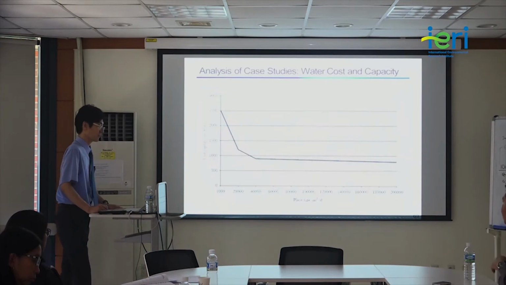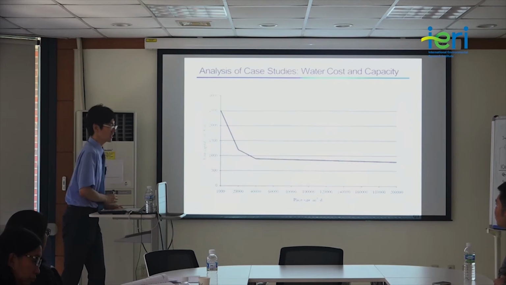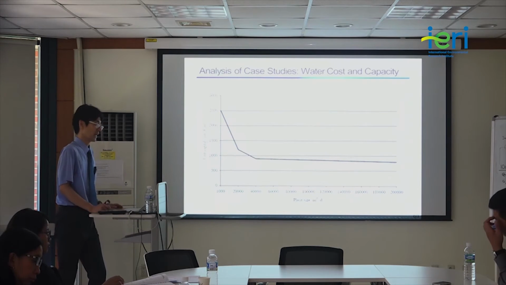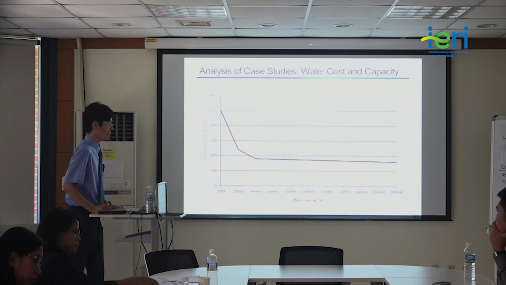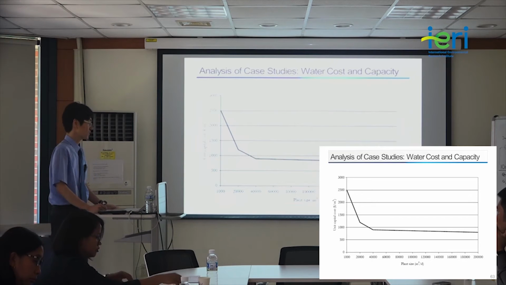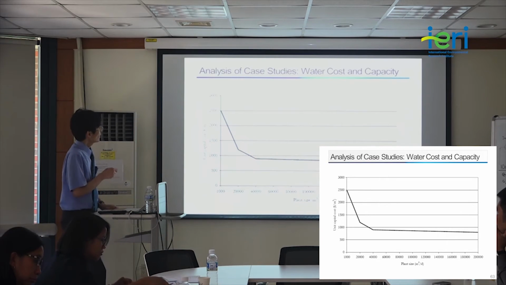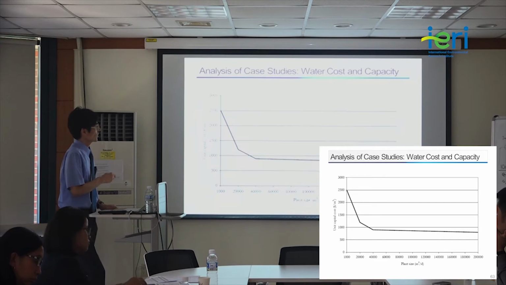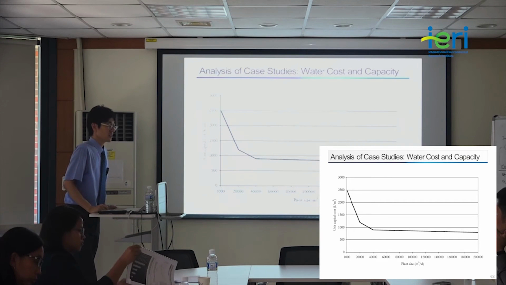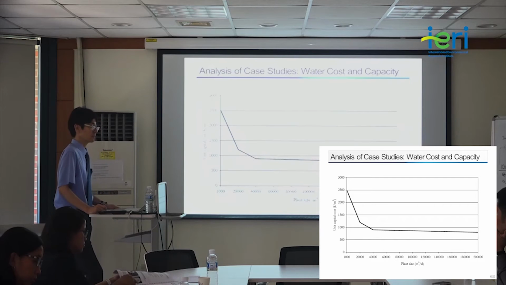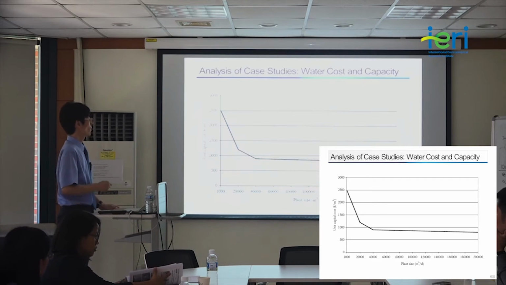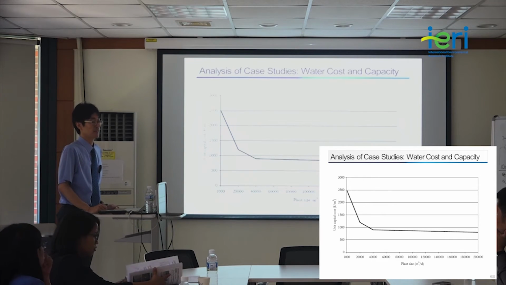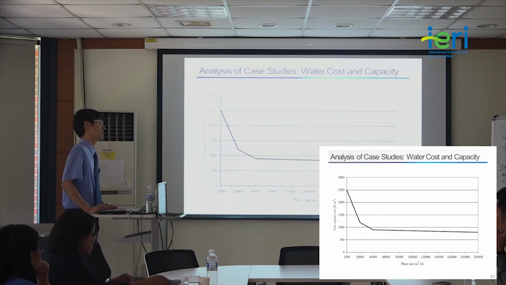So this is why we have to reduce the energy consumption from many parts and collect them to achieve a substantial total energy reduction. And I already mentioned that if we can increase the size of the plant, we can reduce the energy consumption. This is true when the plant size is less than 20 or 30,000 cubic meters per day.